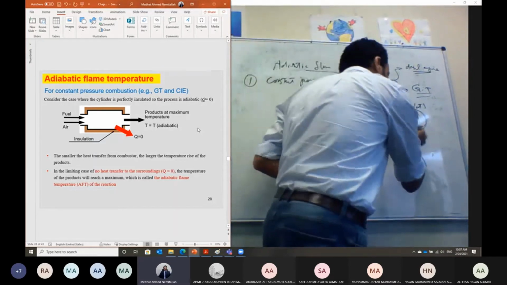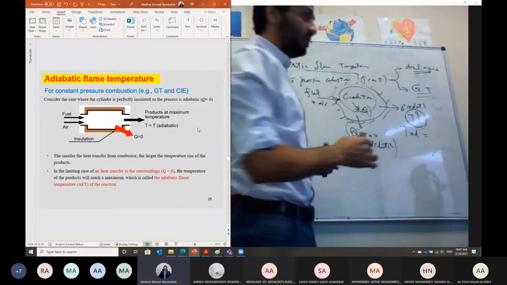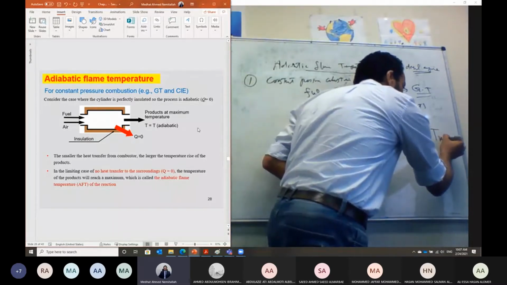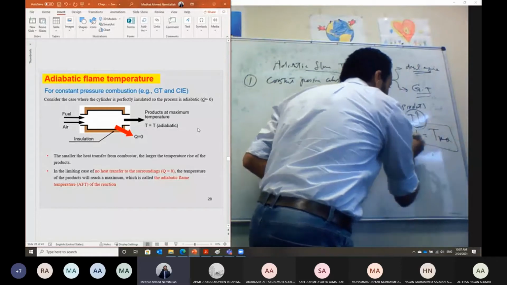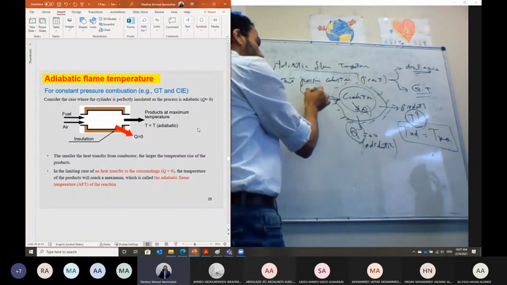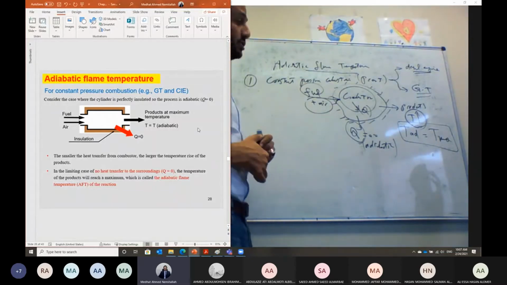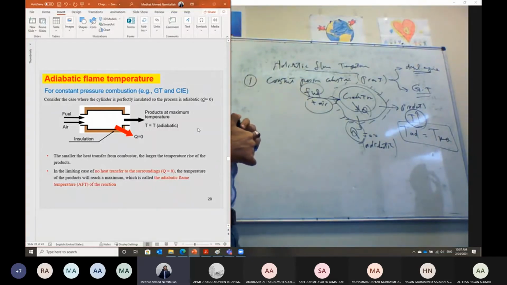In this case, the temperature of the product is called the adiabatic flame temperature. This temperature is the maximum temperature of this combustion, depending on the fuel coming in and on the concentration of the oxidizer mixture.